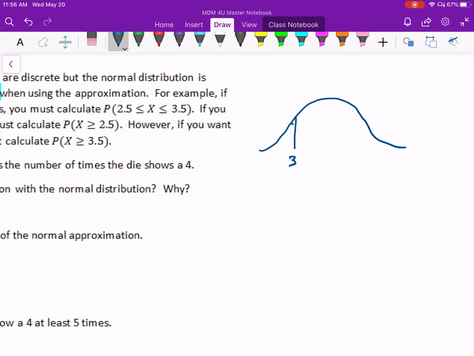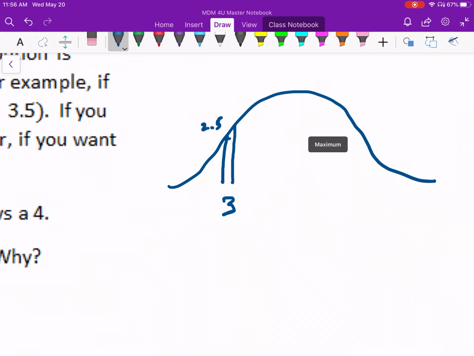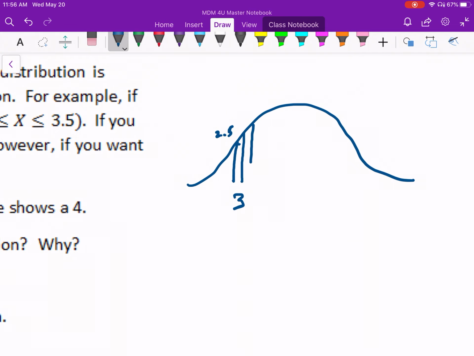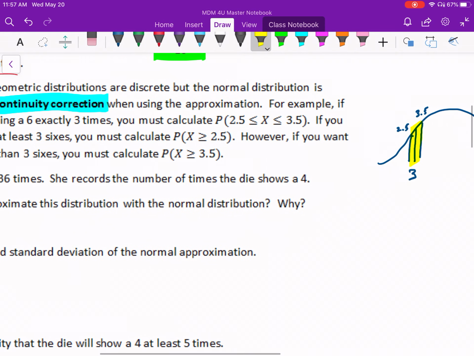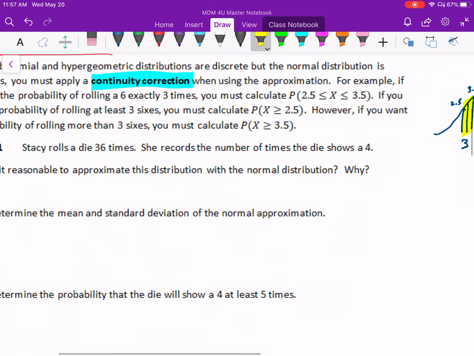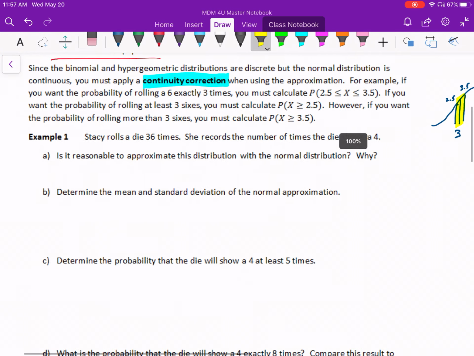So I can give myself a bar by going down to 2.5 and up to 3.5 and finding the area between those two, and now I can get the probability. You'll notice that this bar has a unit width of exactly 1, from 2.5 to 3.5. So that's how we get around that, and that's called the continuity correction.